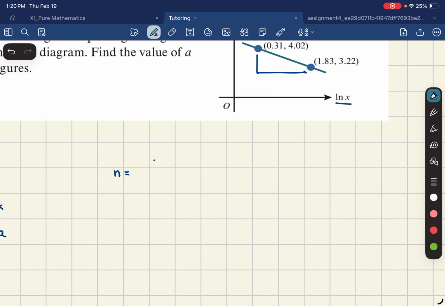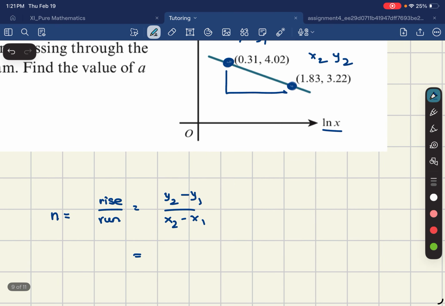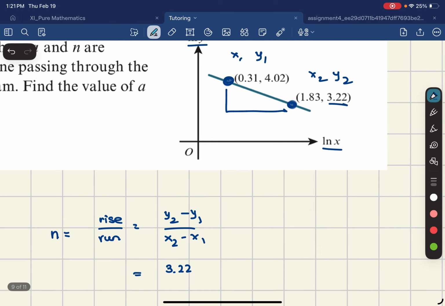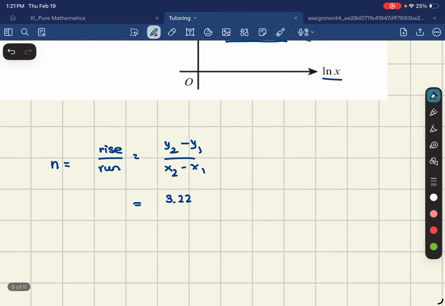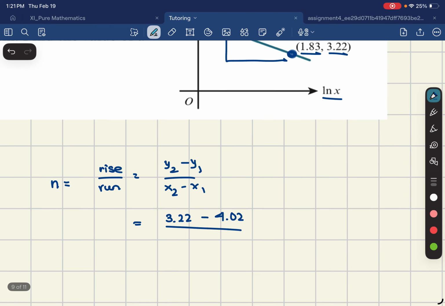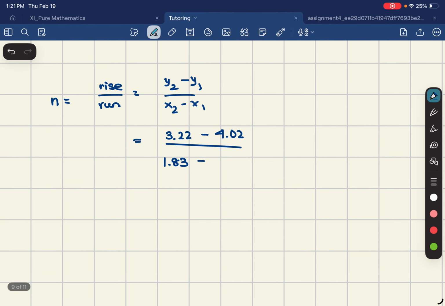So n is just going to be your rise over run, or y2 minus y1 over x2 minus x1. You pick one: if you say this is x1, y1, this is going to be x2, y2. And if you do it the other way, it also works. So y2 is 3.22, and y1 is 4.02. x2 is 1.83 minus x1 is 0.31.